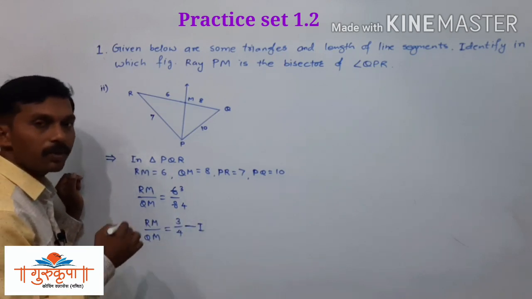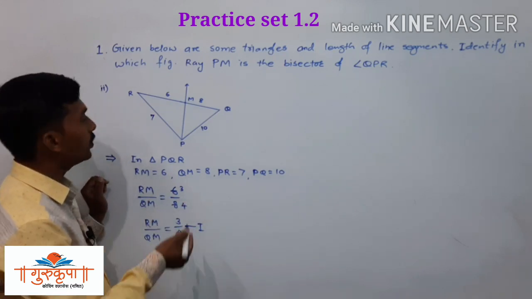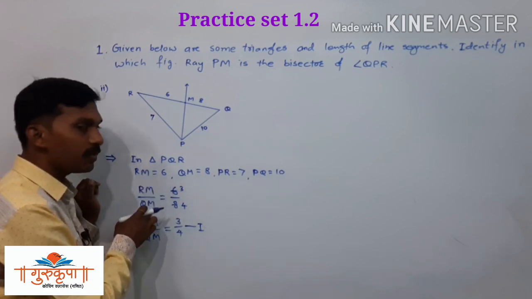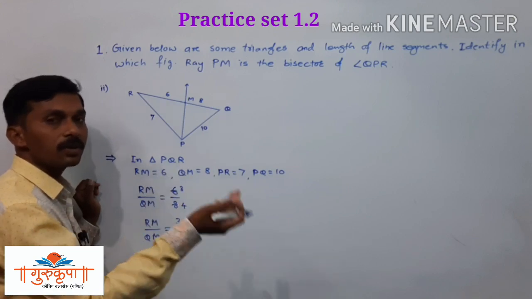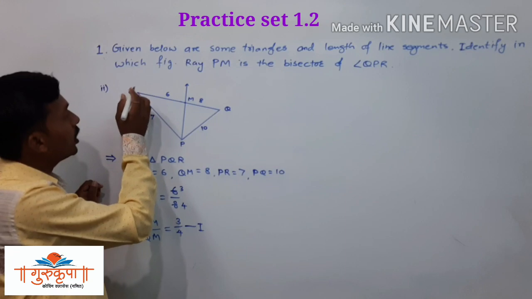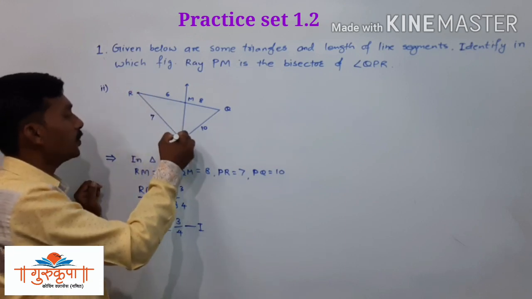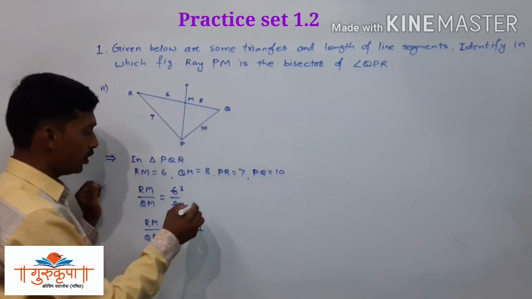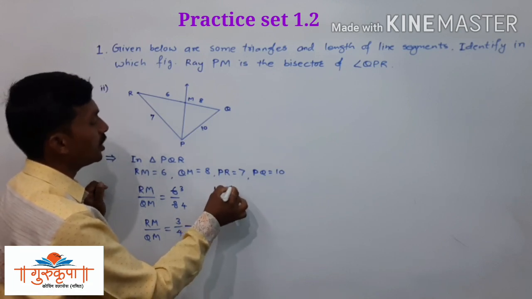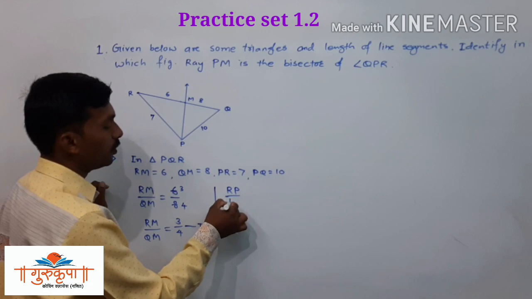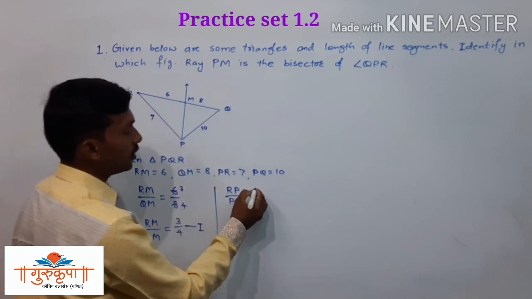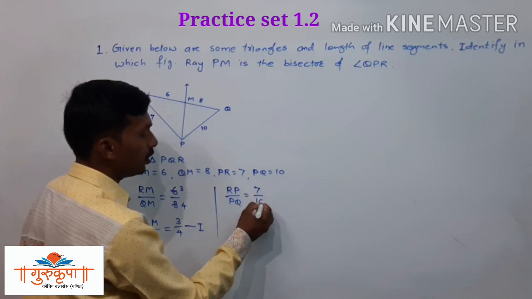And now we have to get the value of another ratio. Since we write the ratio RM upon QM, we have to observe that first and then write the other ratio. Since this is RM upon QM, we have to start with this point R, that is RP upon PQ. So the second ratio we are going to find is RP upon PQ is equal to, RP is given 7 and PQ is given 10.